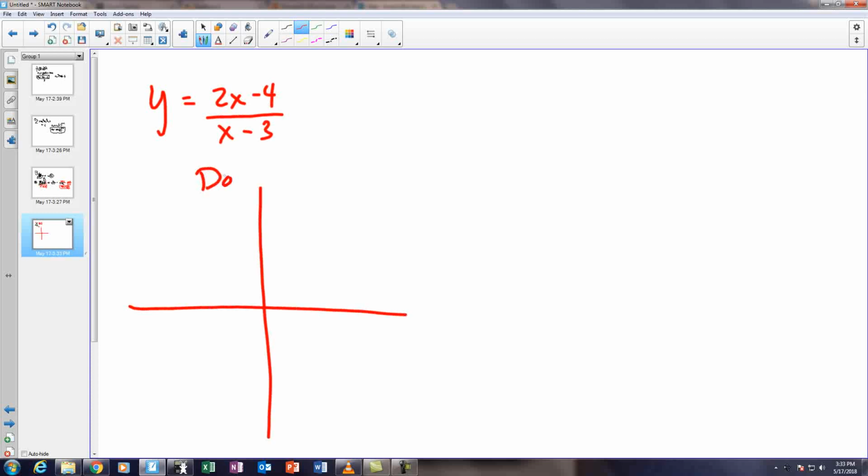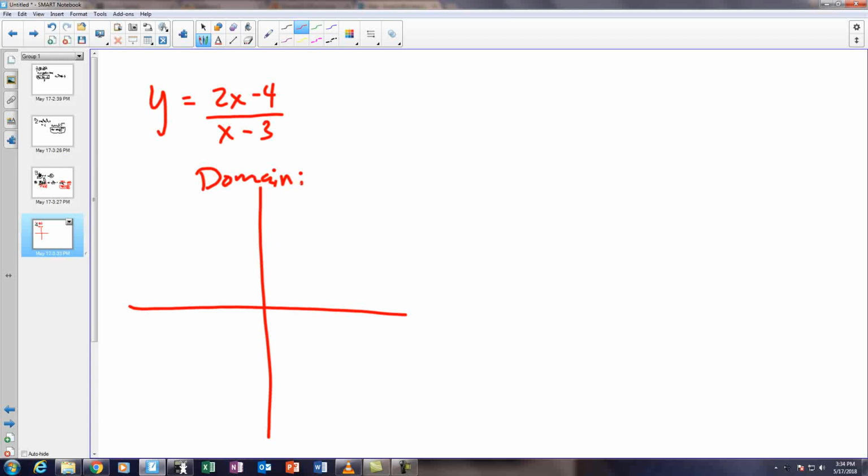All right, number 5. We get a graph, number 5 and 6. Y equals 2x minus 4 over x minus 3. And I ask for the domain. And in these, the domain is always restricted against certain values.